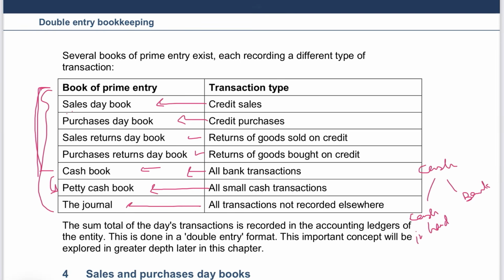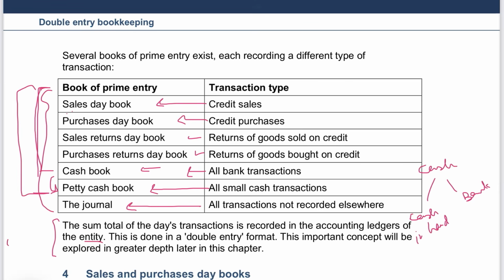This is the book, the journal, in which all the transactions are recorded which are not recorded in all of these 6.